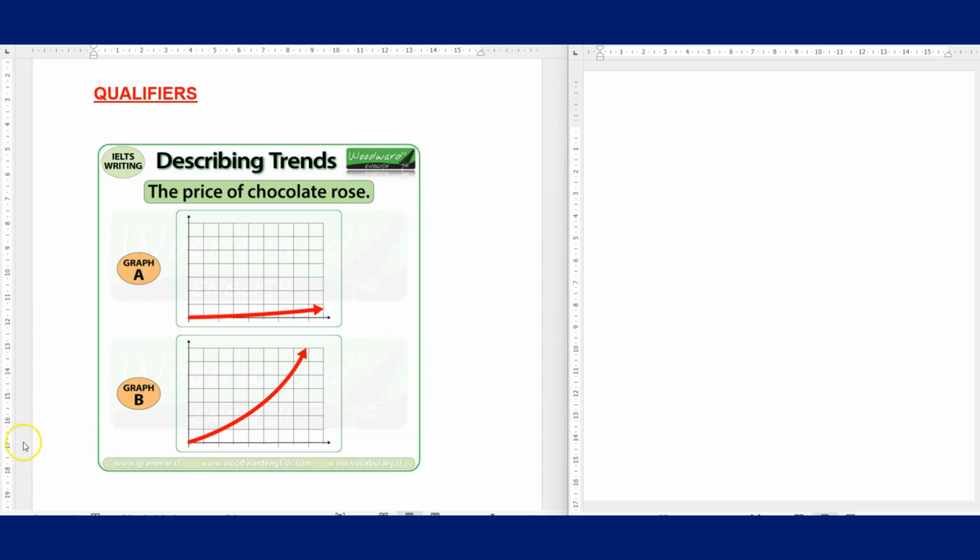So instead of just saying the graph rose, for graph A we can say the rise was slight. We can say it rose slightly.